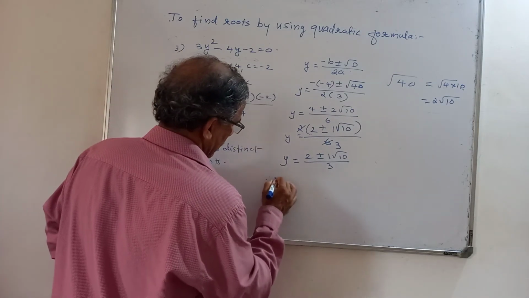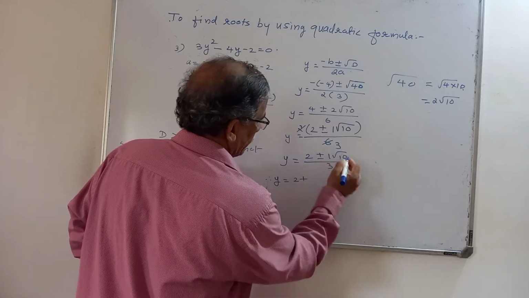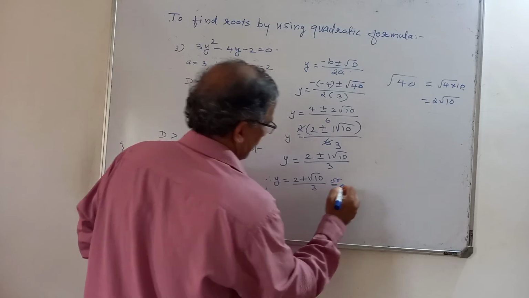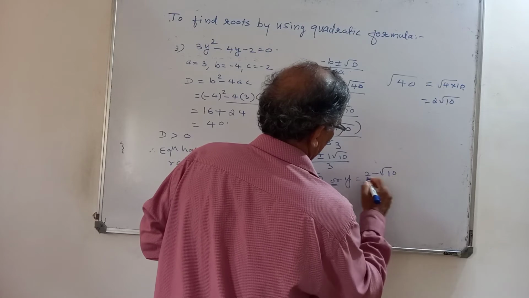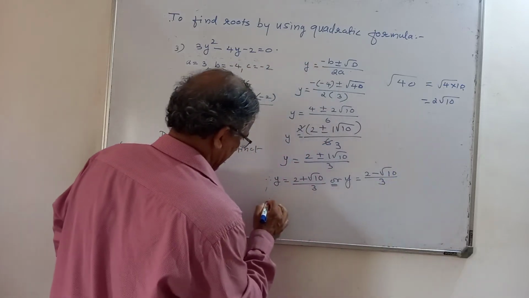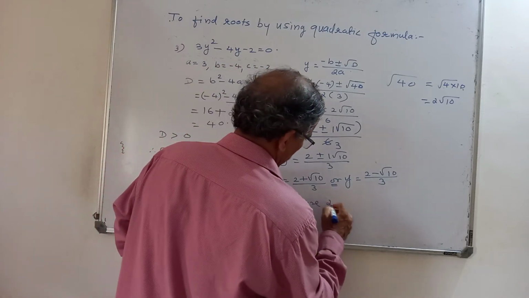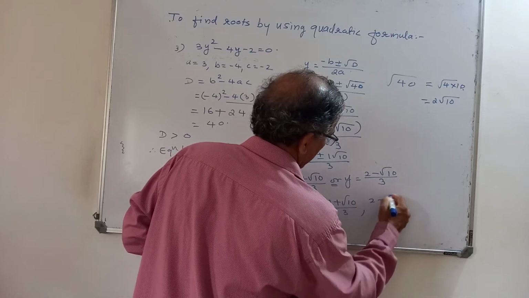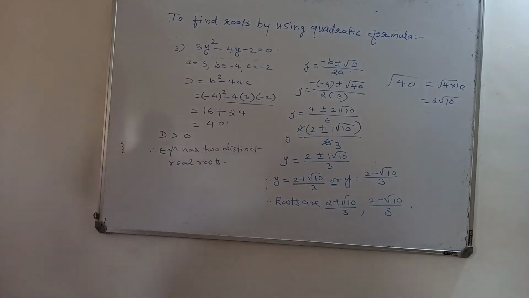Therefore, y is equal to 2 plus 1 root 10, or directly root 10 upon 3, or y is equal to 2 minus root 10 whole upon 3, and therefore roots are 2 plus root 10 upon 3, comma, 2 minus root 10 whole upon 3. So this is how you have to solve the example. Okay.